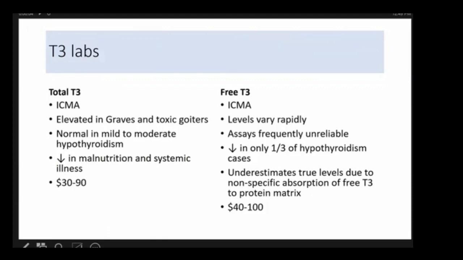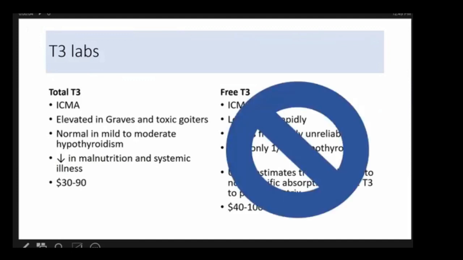Reverse T3. This is a test that's actually not a sandwich assay. It's a liquid chromatography mass spec test, but it is measuring the metabolically inactive deiodinated T4 metabolites. So we talked about how T4 can either be activated into T3 or it can be inactivated into reverse T3.